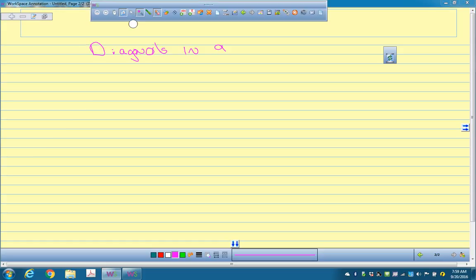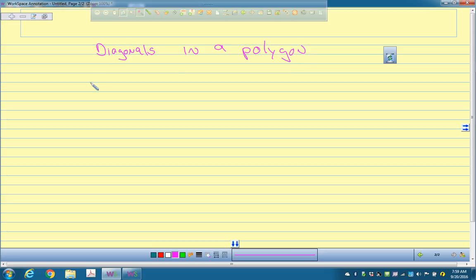Let's try to spell it correctly the second time. Diagonals in a polygon. Okay? Polygon, so sides, and this is diagonals. So this is a similar pattern, but not exactly the same.